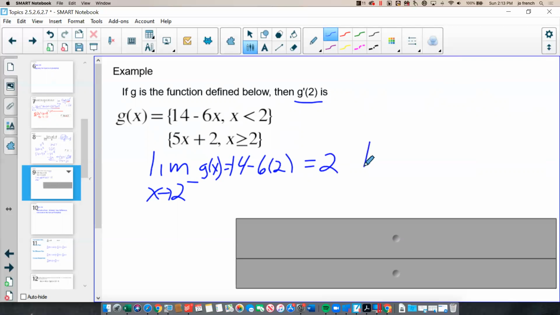Then I'll take a look at the limit as x approaches 2 from the right, using the second equation of g of x, because we're using values like 2.01, 2.001, and that would be 5 times 2 plus 2, which is 12.